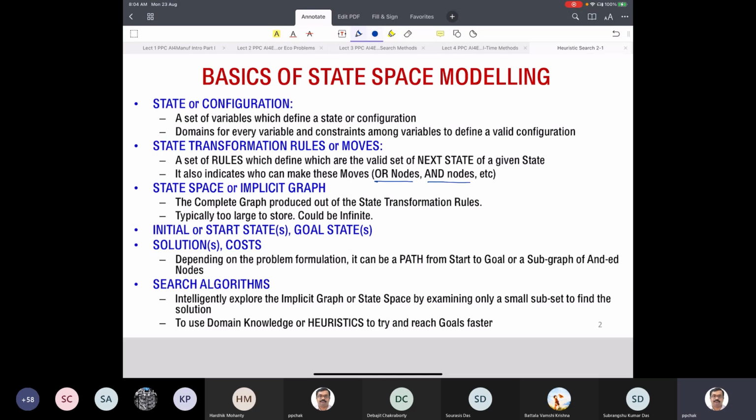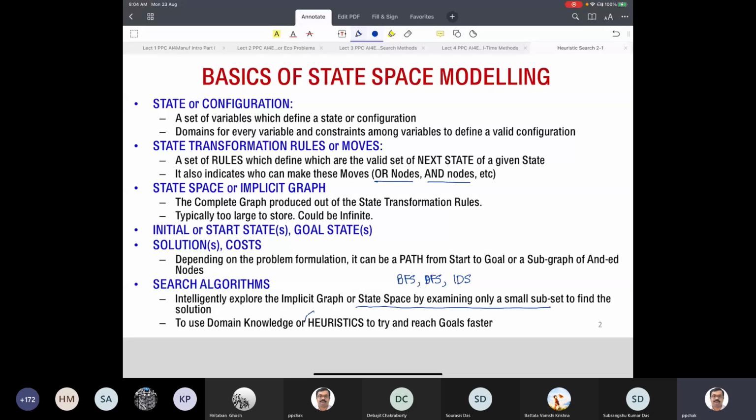The search space is systematically explored by a search algorithm. For this systematic exploration, we have seen three kinds of algorithms: breadth first search, depth first search, and iterative deepening search.